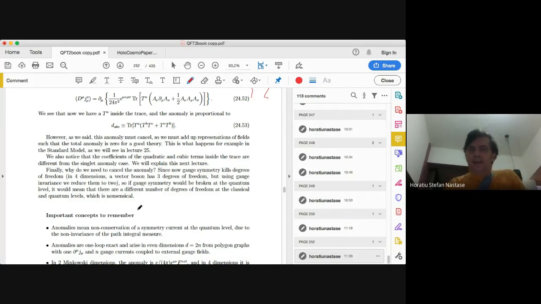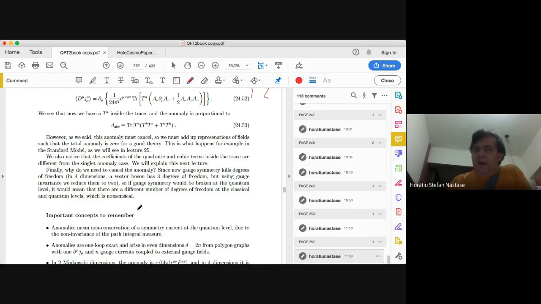But if we would have an anomaly, that would mean we would not have the local symmetry at the quantum level anymore. So at the quantum level, we would have the number of degrees of freedom before we removed the 1.